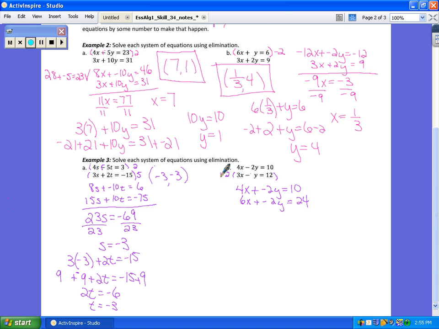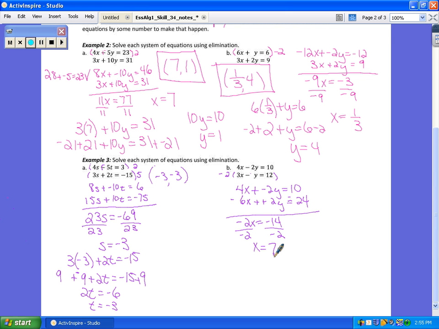But I can correct that and go back and go ahead and do that. So then when I add down, I get a negative 2x equals a negative 14. If I divide by a negative 2, I get x equals 7.